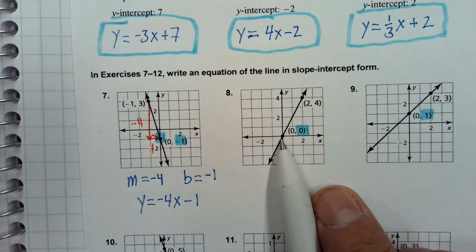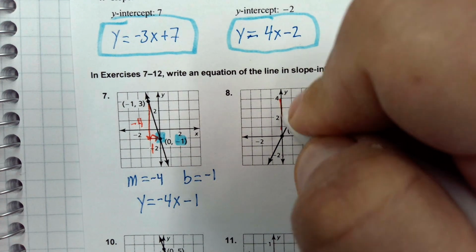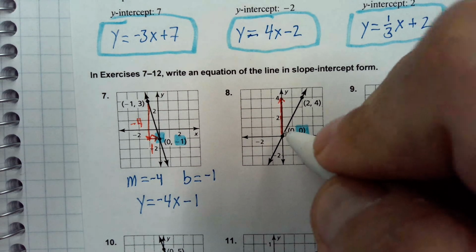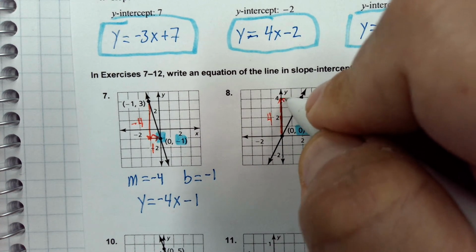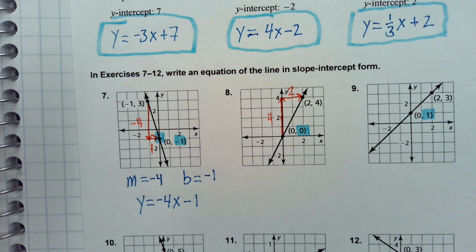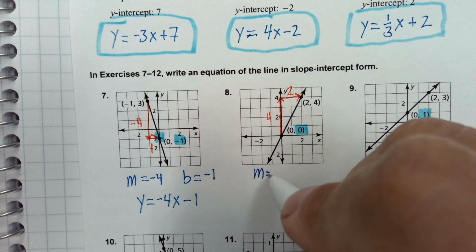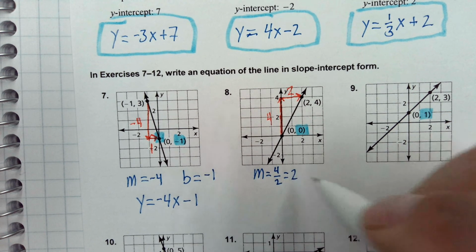Let's do this point at the origin. Again, I'm picking the point furthest to the left, so I want to go up. 1, 2, 3, 4. 4 again. And then 2 across. So my slope is 4/2, or actually better to write it as 2.